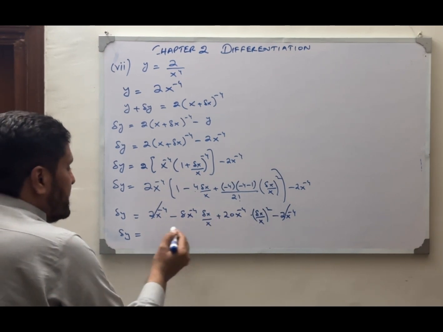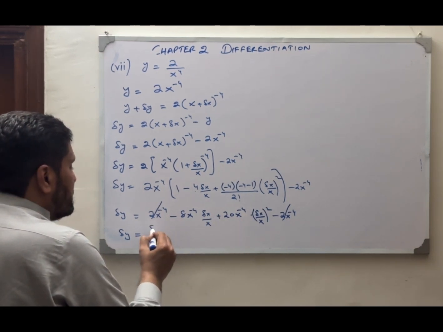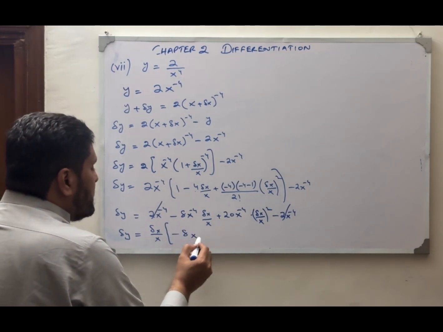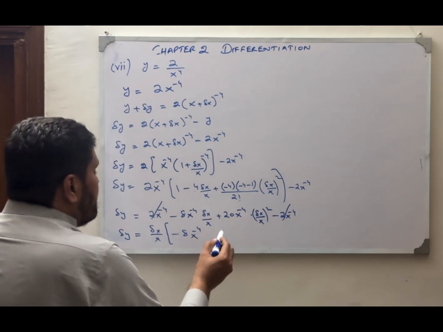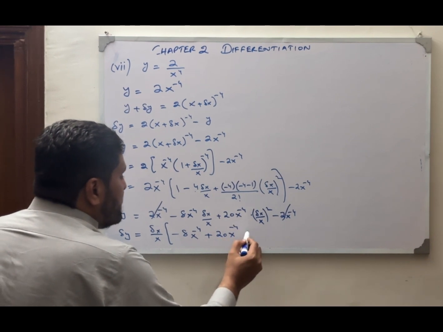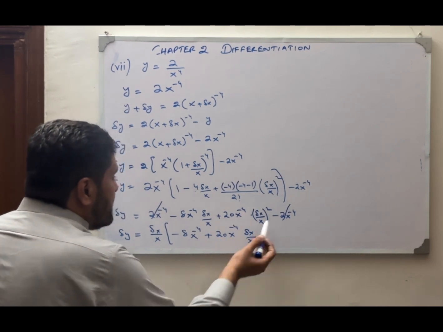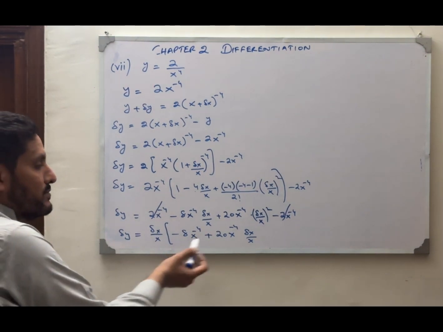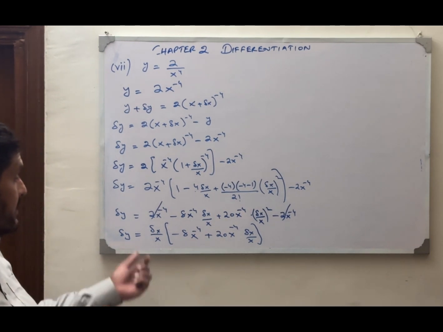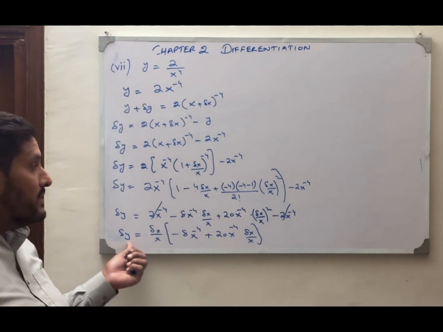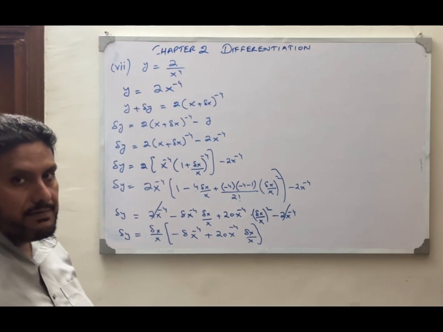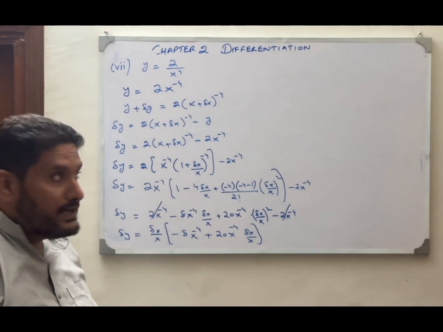Now by taking delta x over x common from this expression, here we have minus 8x power minus 4 plus 20x power minus 4 into delta x divided by x. One delta x by x is taken as common, so its square is reduced to a single term. So this is our simplification by using step 2. Then by using step 3, we have to divide both sides of the equation by delta x.